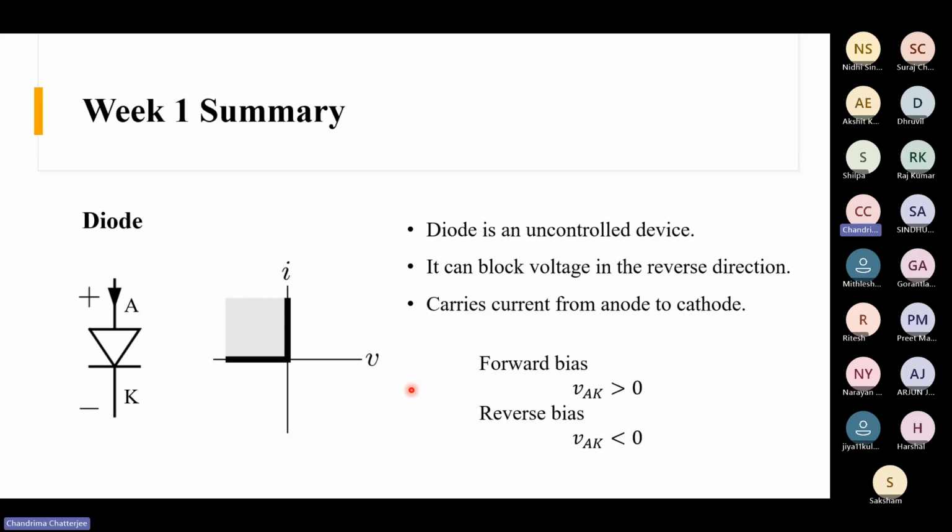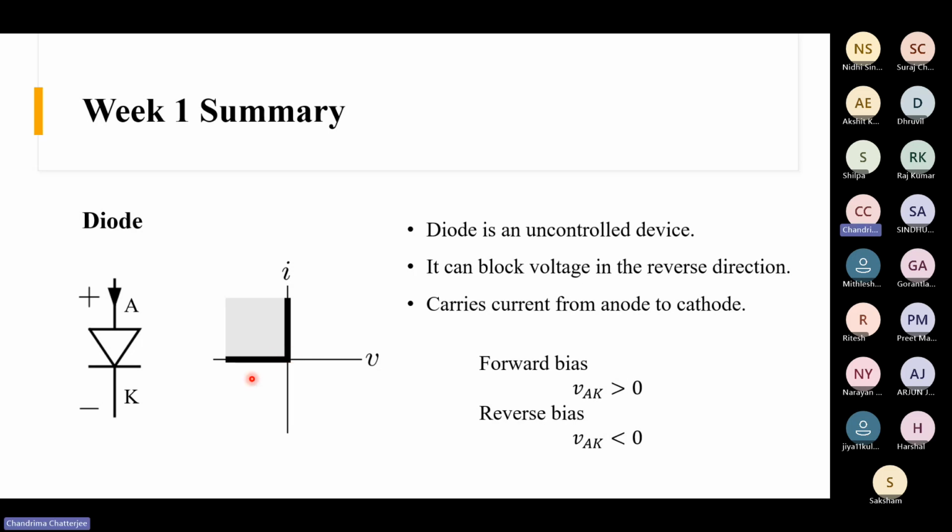Changing voltage means, if we are talking about an ideal diode, whenever you apply a very small amount of voltage, just above 0, it will start conducting current without any drop across it. So it will start conducting current the moment VAK becomes greater than 0.